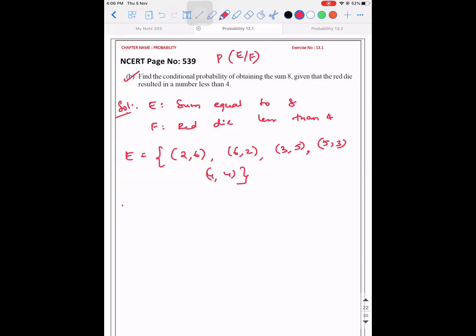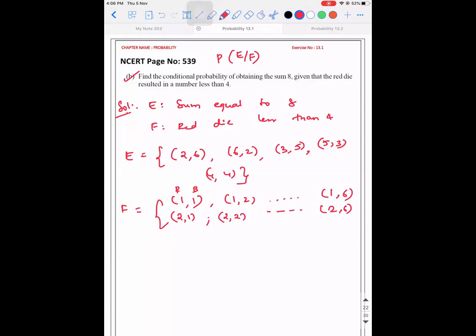Next, F is what? The red die shows a number less than 4. So it can start with 1. This is the red die, this is the black die. Red die shows 1, so 1, 1, 1, 2, and so on till 1, 6 is possible. Similarly 2, 1, 2, 2, and so on.